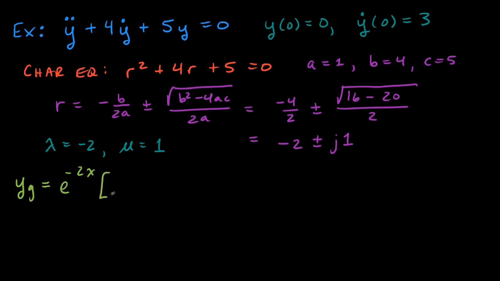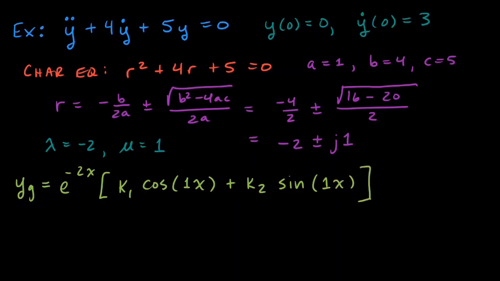And it's going to be onto some constant k1 times the cosine of mu x. Well, mu is just 1, so I'll go ahead and write it in there, 1x, just so you can see that it is there, right? And then plus k2 times the sine of 1x. Okay, so that is our general solution.